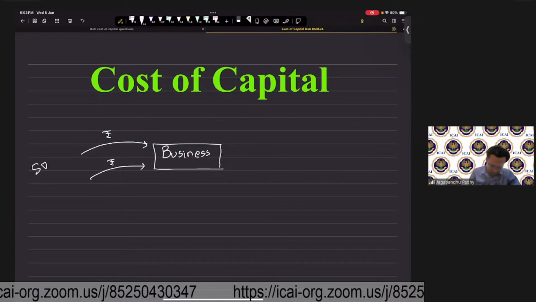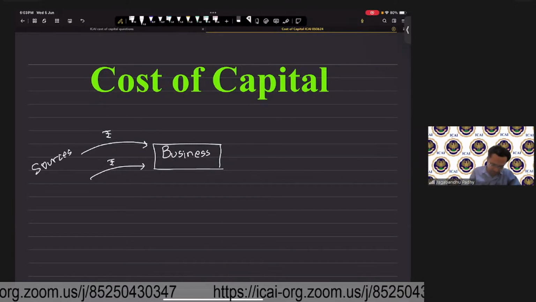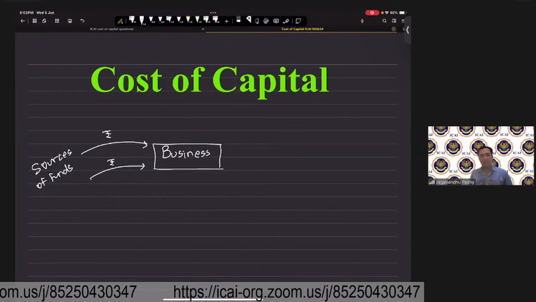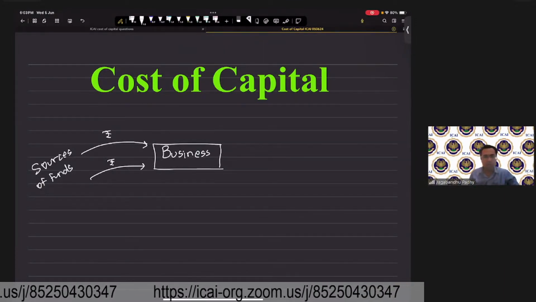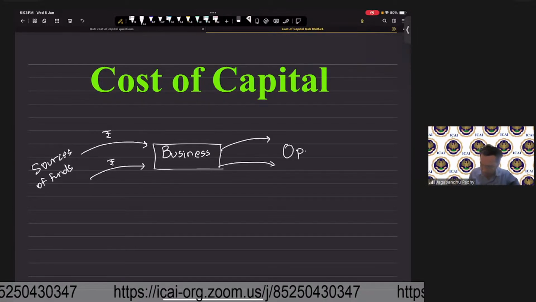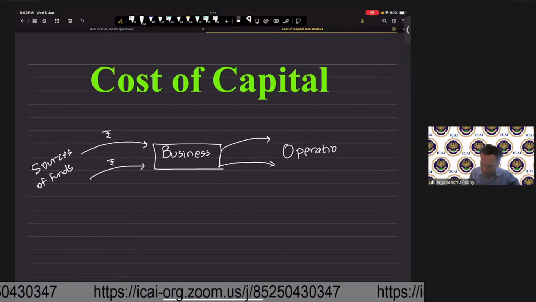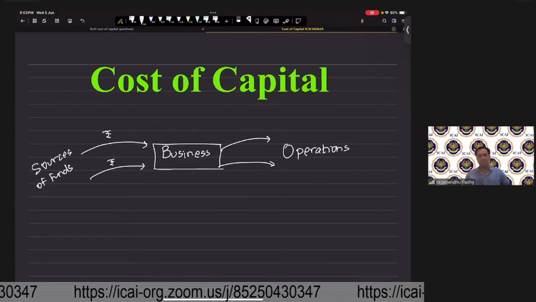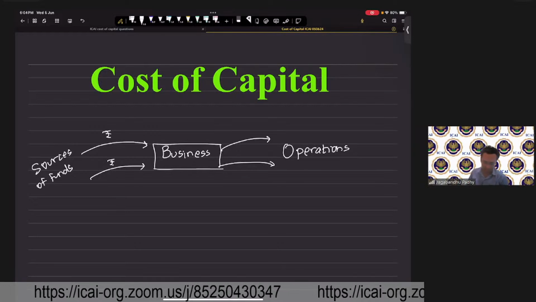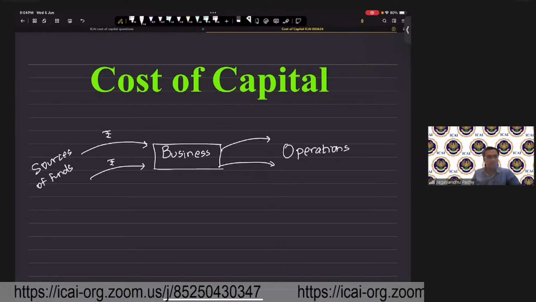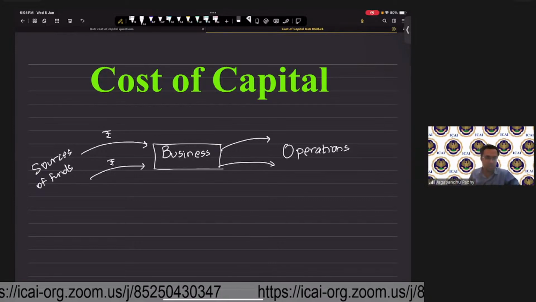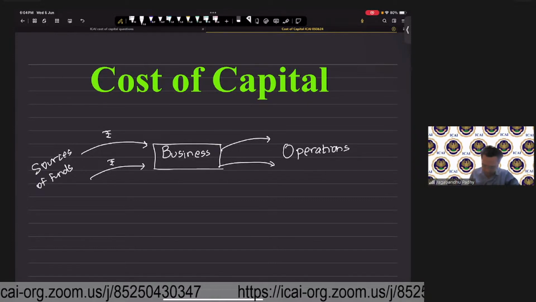So you have sources of funds, and then these funds are employed by that business entity in its operations. That's the basic fundamental thing that a typical business does: it raises funds from its stakeholders and invests those funds into its operations.